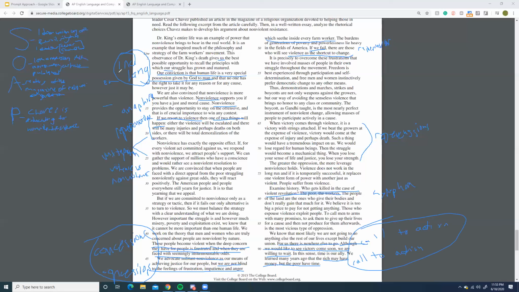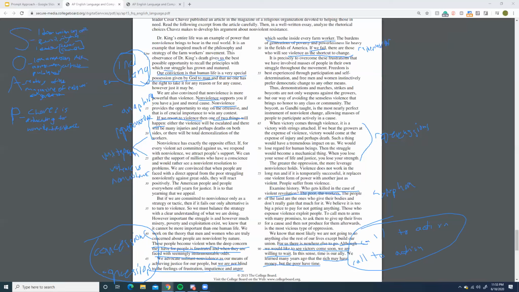So you could maybe talk about how he starts with inclusivity. So actually, sorry, the thesis you can make is that Chavez uses inclusive language, makes concessions, and calls his audience to action as he advocates for nonviolent resistance as a form of protest.